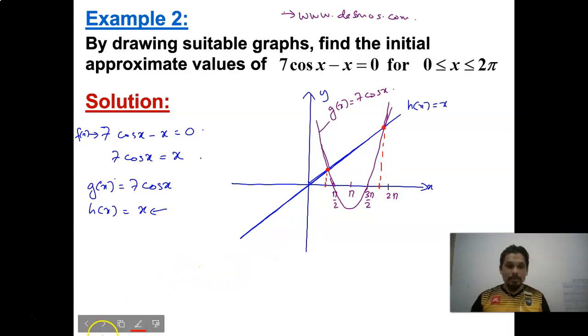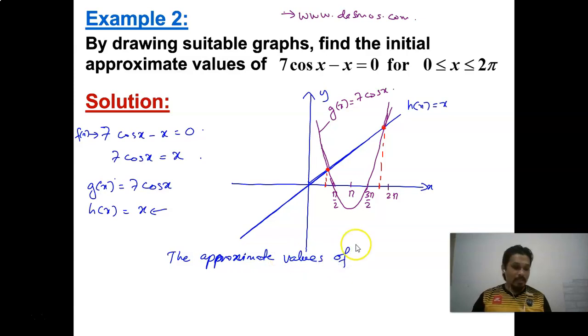Okay, so you may come up with your own conclusion. I'm just referring to the notes. So then the approximate x values are between 0 until pi over 2.